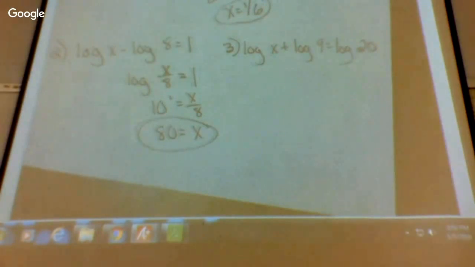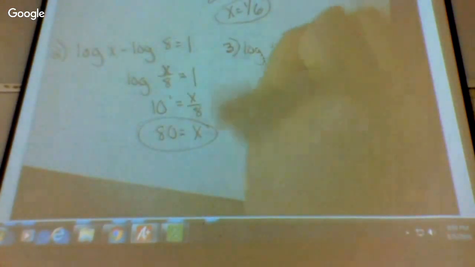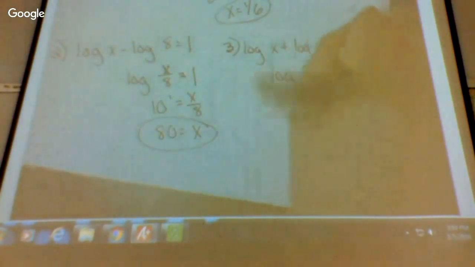So you're still going to have to say log of x plus log of 9 and condense it. And say that, hey, that's log of 9x equals log of 20.